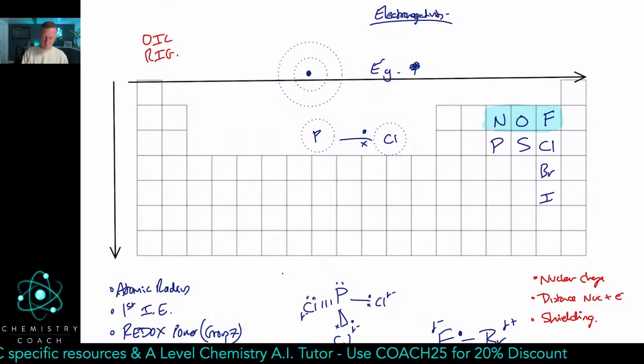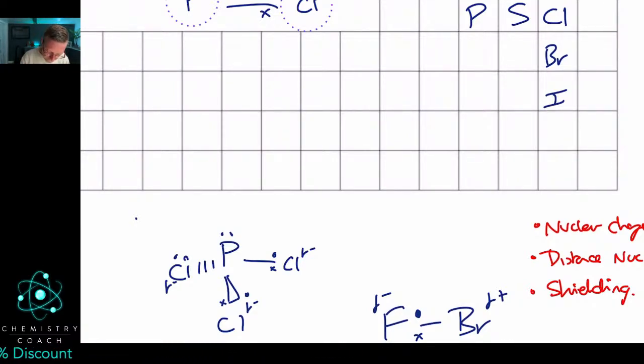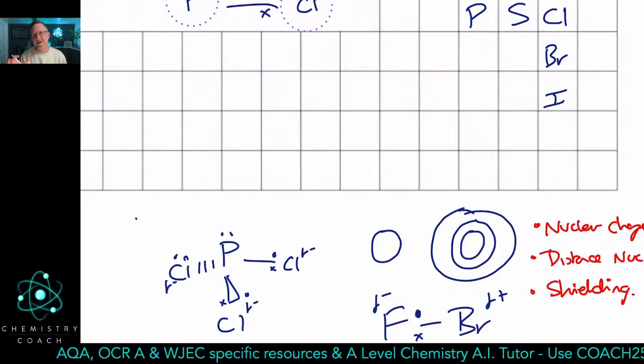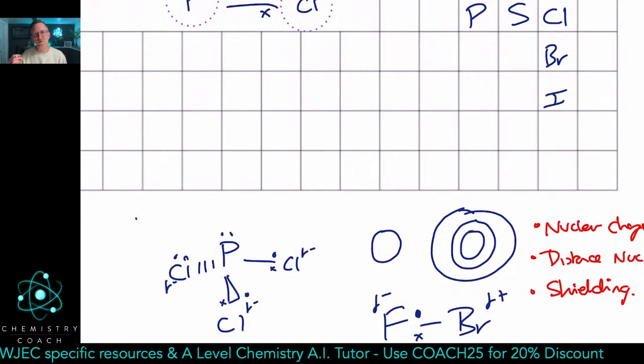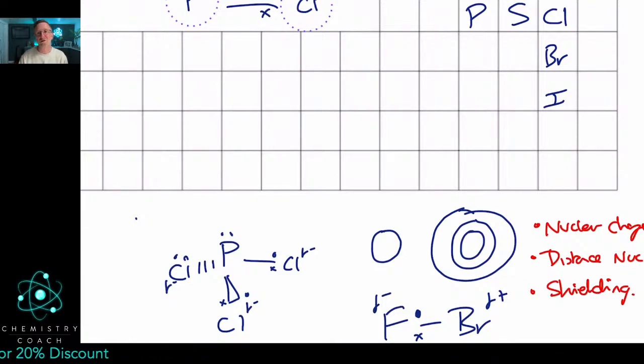So in terms of electronegativity, why is fluorine more electronegative than bromine? Well, fluorine and bromine, okay? Bromine has increased atomic radius, increased distance between the nucleus and this bonding pair of electrons, increased shielding between the nucleus and this bonding pair of electrons.